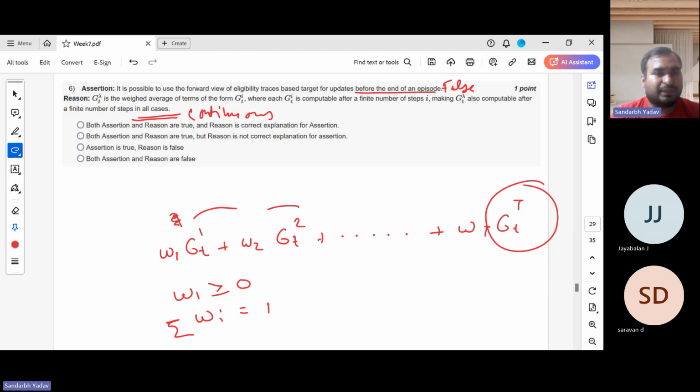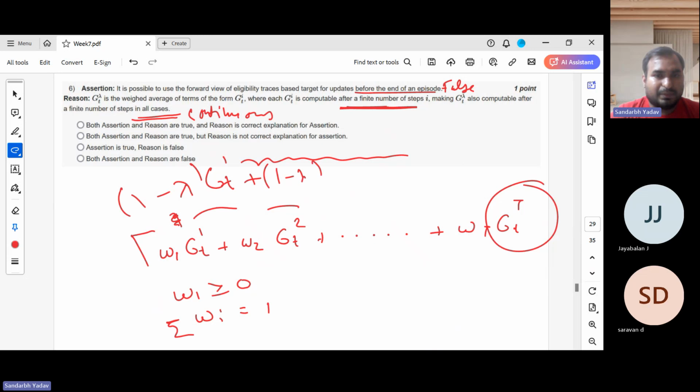If the episode is not terminating, if you are considering continuing tasks, you remember there were two variants in which we had 1 minus lambda for the first return, and then 1 minus lambda into lambda for the second return, and it kept on going.